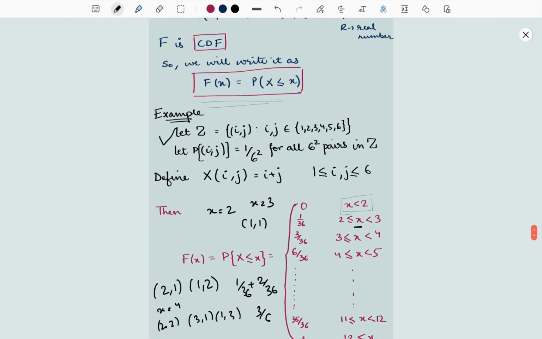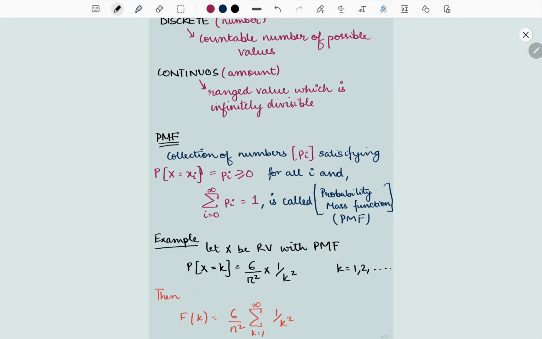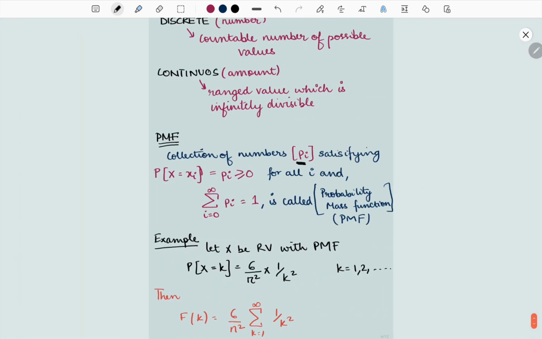Even though it's a cumulative distribution function graph, we can see that at x equal to 2, first of all, what will xi be in this question? In this question, xi will be 2, 3, 4, 5, 6 up to 12.